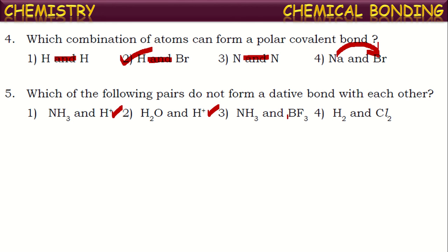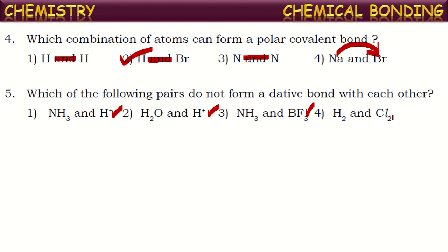And in the case of NH3 and BF3, in NH3, the central atom nitrogen has one lone pair of electrons, whereas in BF3, the central atom boron has a vacant orbital to get an octet. So these two also form a dative bond.